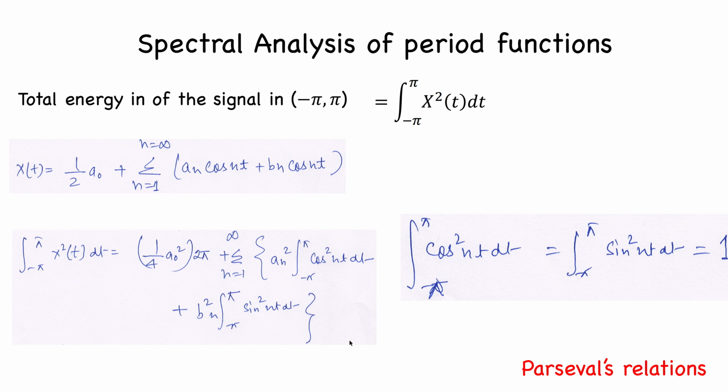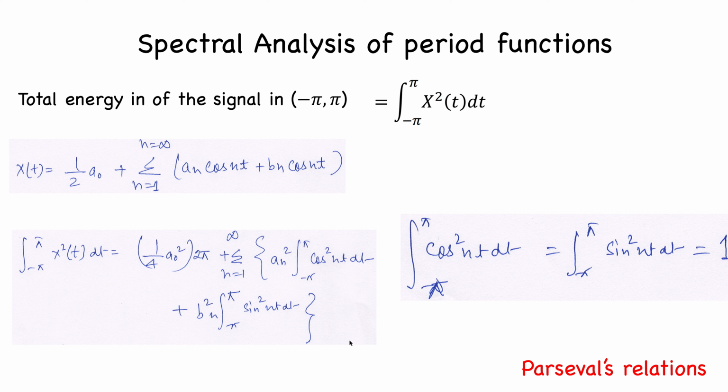The interesting thing now coming is the energy. So the total energy in the signal between minus pi to pi can be written as the integration between minus pi to pi of x squared dt. This is essentially coming from the amplitude term, that we can write energy as the square of the amplitude summed over the total time interval.